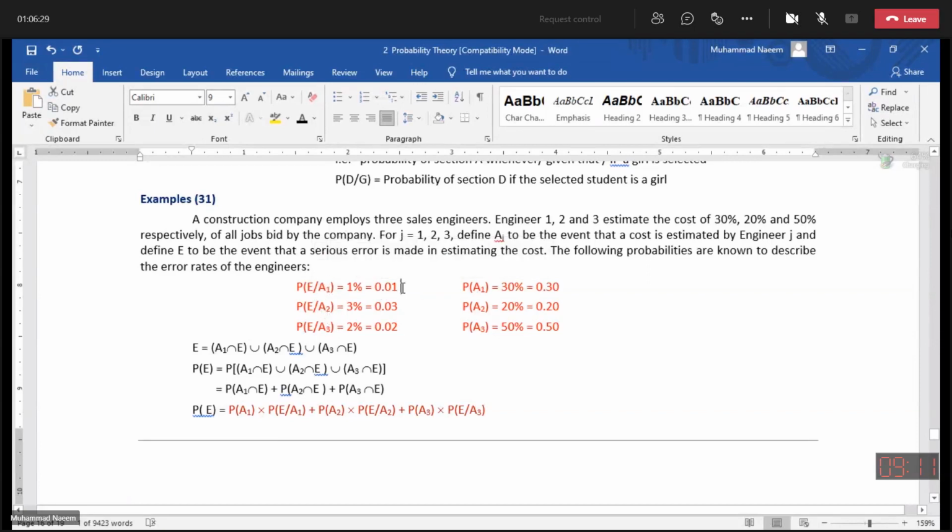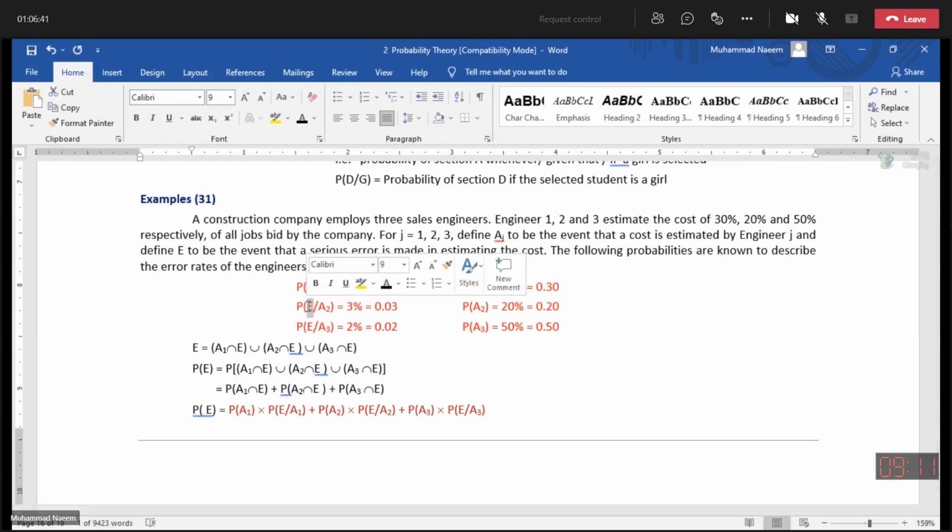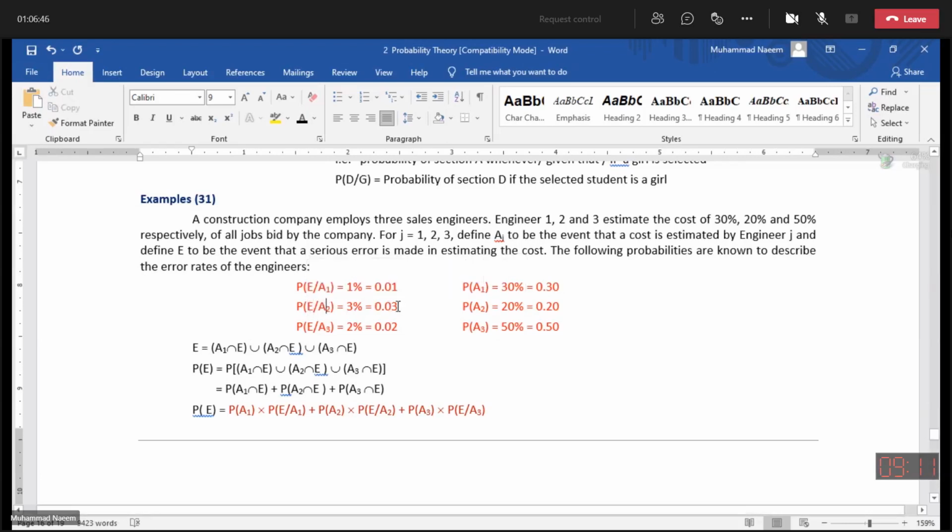This is his worth in the market. The probability of the error, the chances of the mistake by engineer 2. This is his worth, 3%.